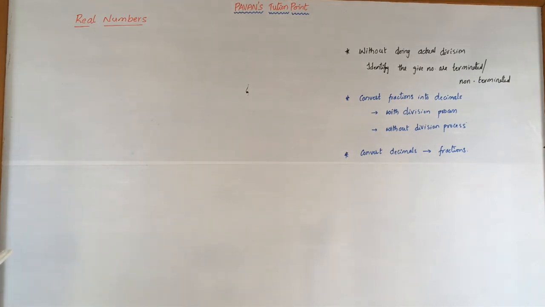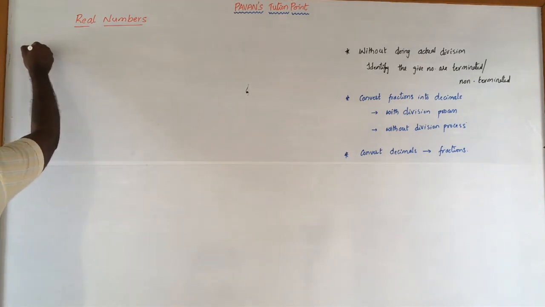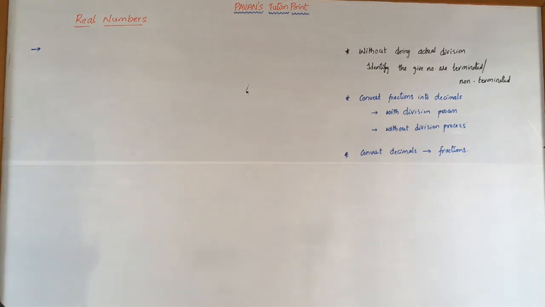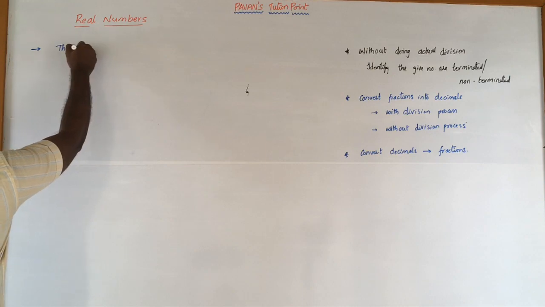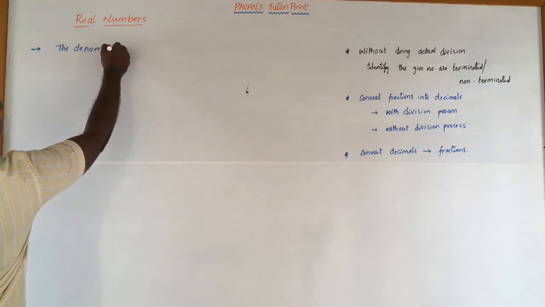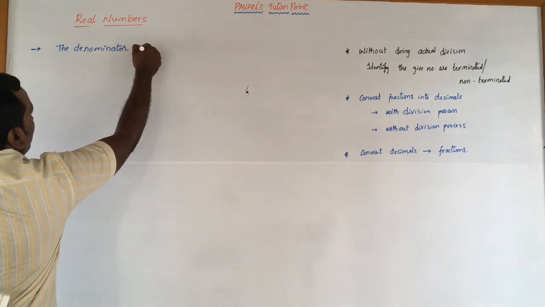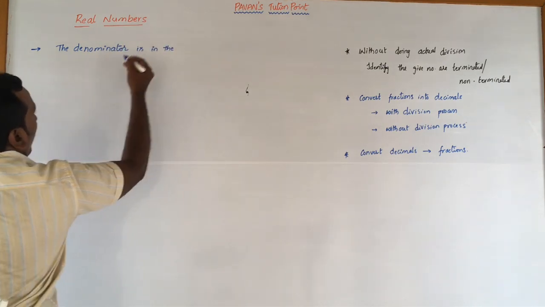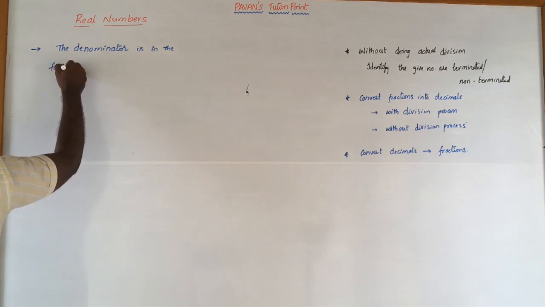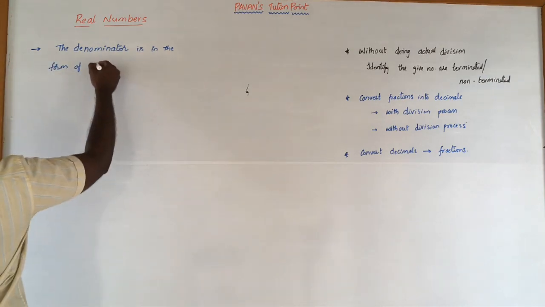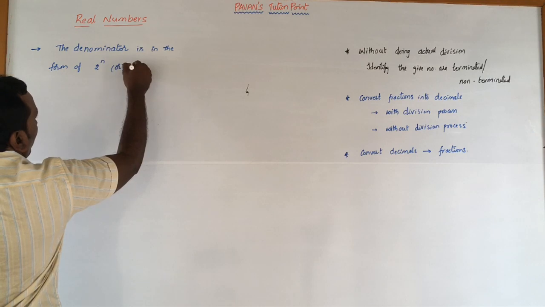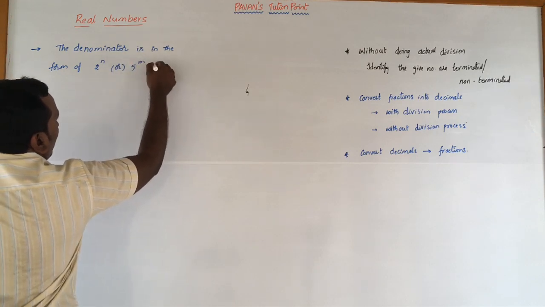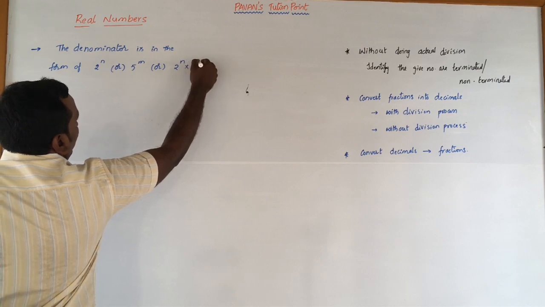Before identifying with the first model, you need to remember some points. What are those points? The denominator is in the form of 2 power n, or 5 power m, or 2 power n into 5 power m.